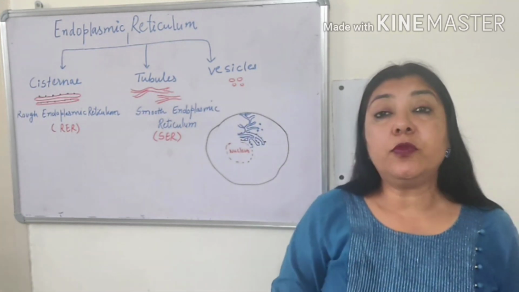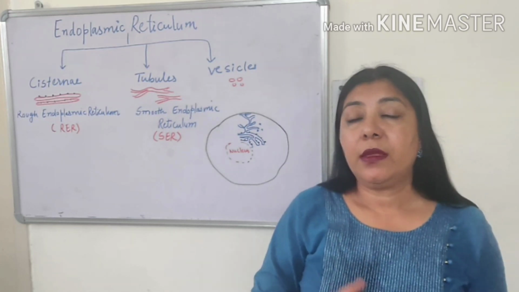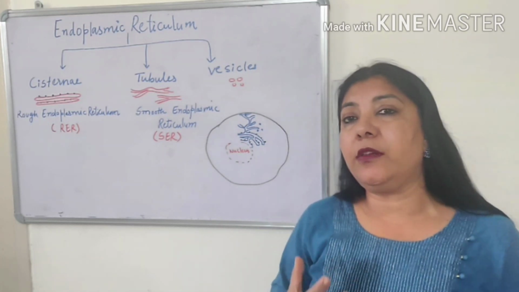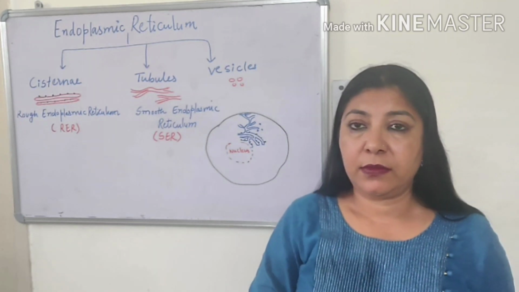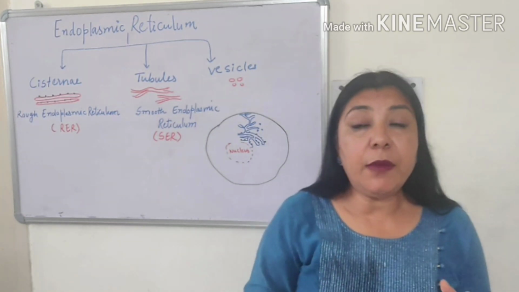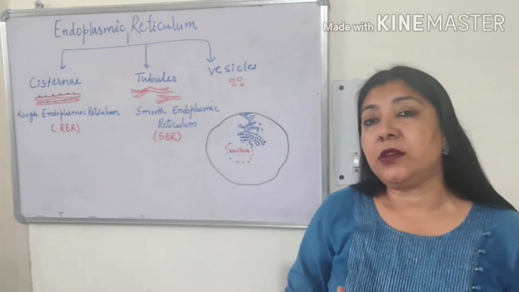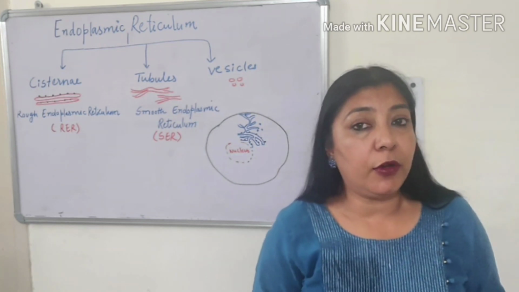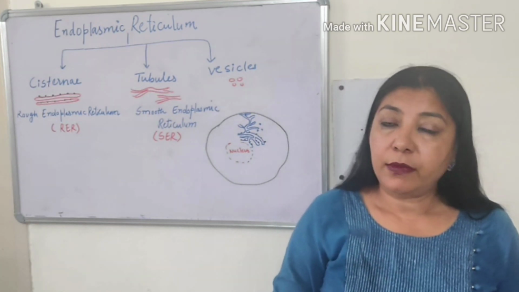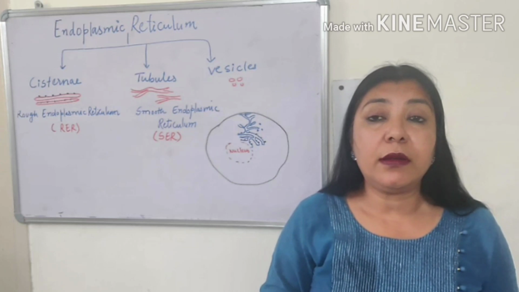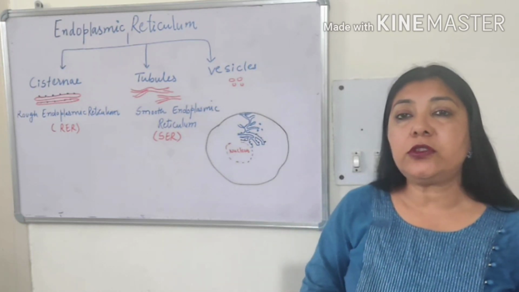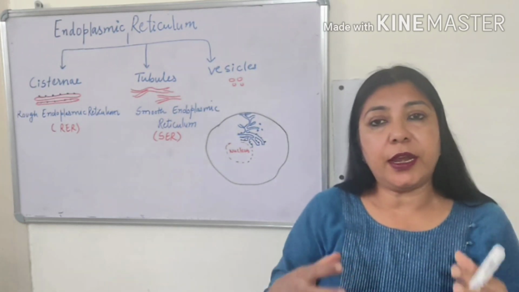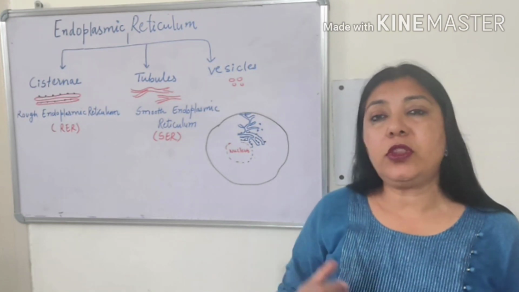And the smooth endoplasmic reticulum is mainly responsible for lipid synthesis. So they will be more present in those areas which are responsible for metabolism of lipid. For example, in liver. In liver, most of the endoplasmic reticulum are of smooth type.